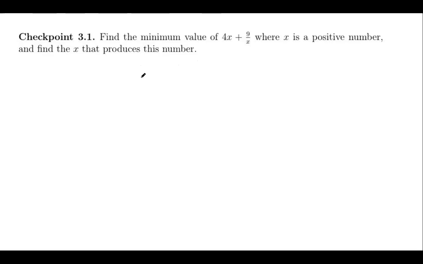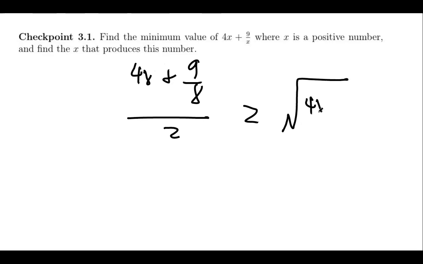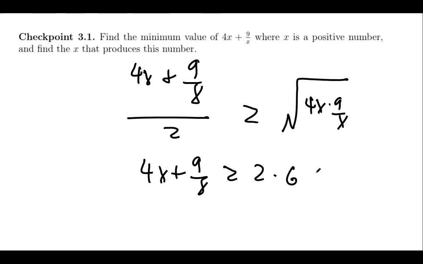Right. So we can let 4x and 9 over x be our two variables, and using AM-GM, that means that their sum divided by 2 is greater than or equal to the square root of 4x times 9 over x. In other words, that is 2 times 6, or 12.